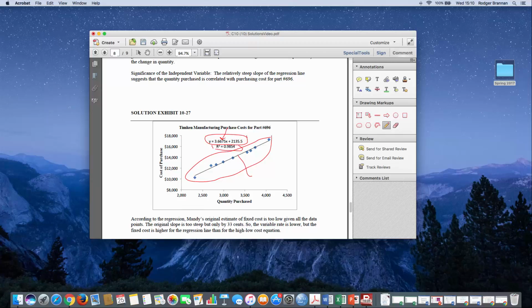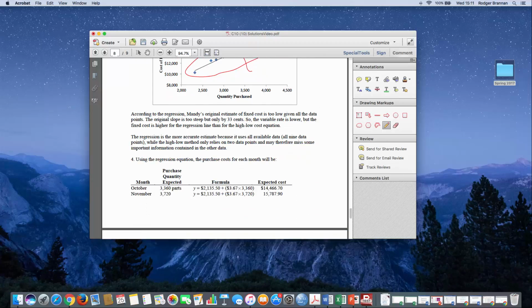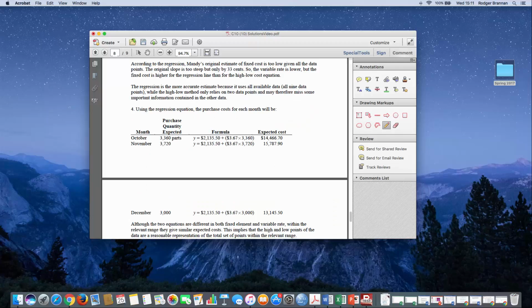And in doing so, it identifies this as the variable cost. This is my y-intercept. So now I can use this, just like I did with the high-low method, to predict the cost.